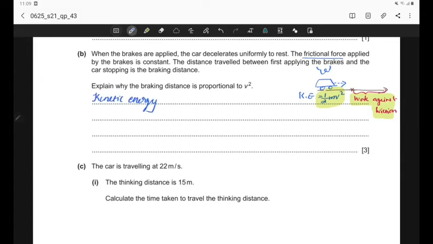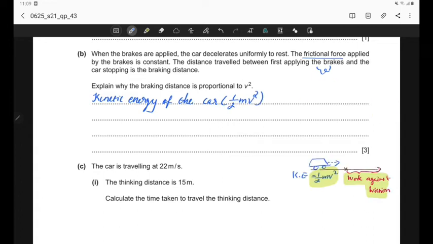So we can write down: kinetic energy of the car, which is, in brackets, you can mention half mv square, will be used or consumed to do work against friction in order to stop the car.